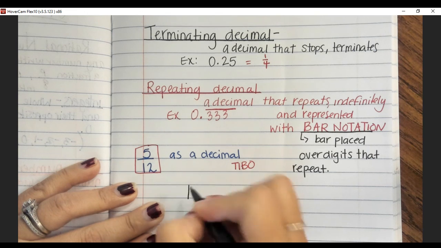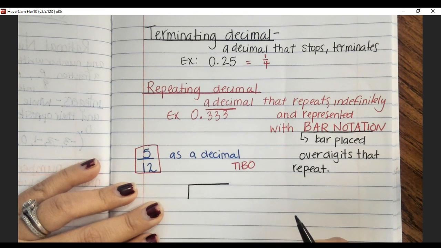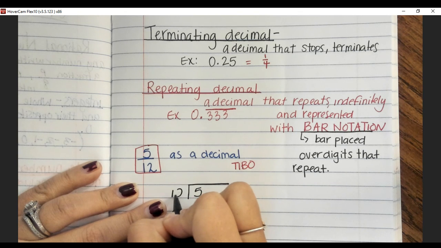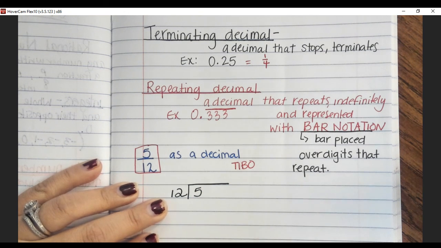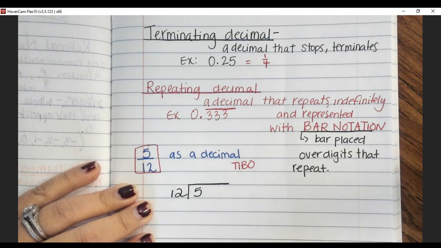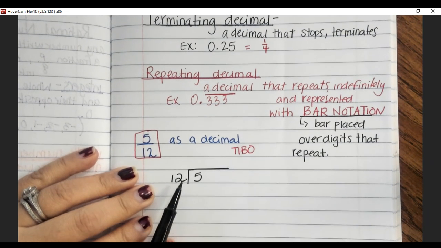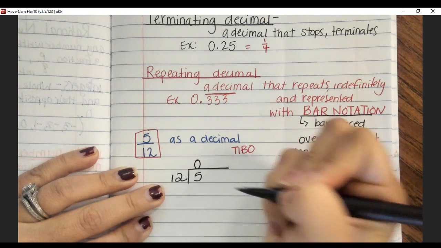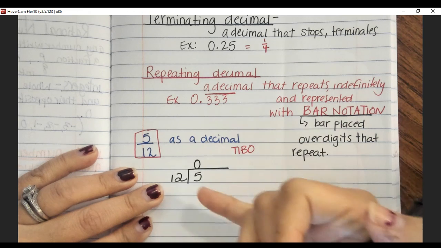So whenever I divide, I have 5 and then I have 12. Okay. So I know that 5/12 is going to be a decimal. It's going to be a number that is less than 1. So I'm going to ask myself, how many groups of 12 are in 5? There are 0.